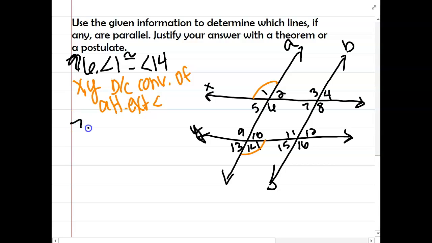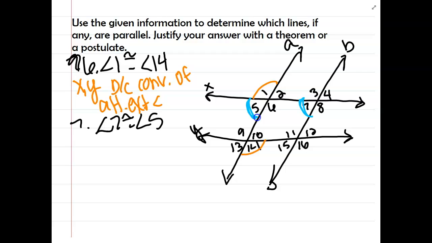Number 7, what if I tell you angle 7 is congruent to angle 5? How would you classify angle 7 and 5? They're corresponding.